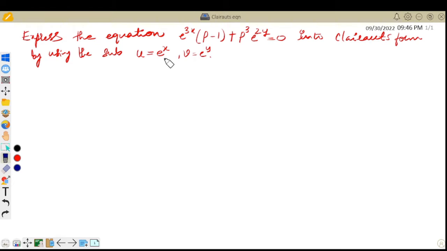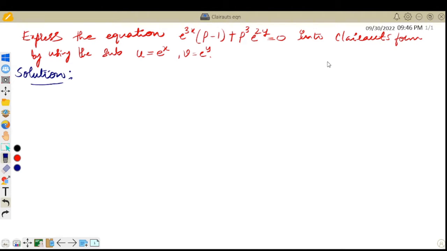Students, first let us understand what is the form of Clairaut's equation, how it actually is. Then let us solve this example. The example is very easy. Everybody will understand this example.